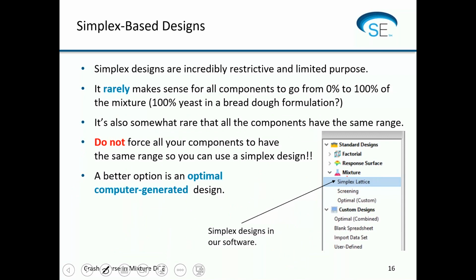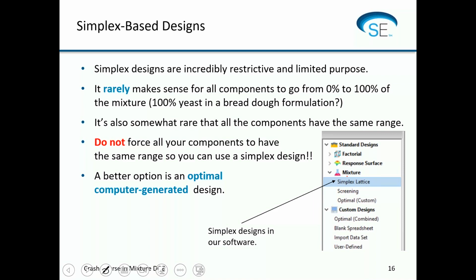And I think these are incredibly restrictive and limited purpose. It rarely makes sense for every component to go from 0 to 100% in the mixture. For example, if you're making a bread dough, does it make sense for yeast to go from 0 to 100%, meaning you have a bread dough formulation that's 100% yeast? No, that doesn't make sense.